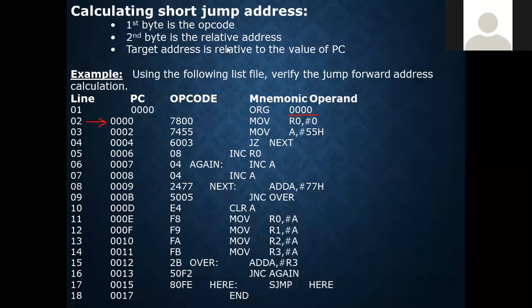Clear? So at 0000h, that is nothing but MOV R0, #0. That means the R0 register in bank 0, because no bank is selected, so by default bank 0 is selected. So in bank 0, the R0 register will be loaded by the immediate data 00h.